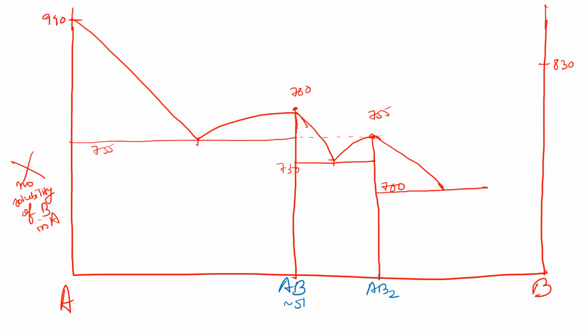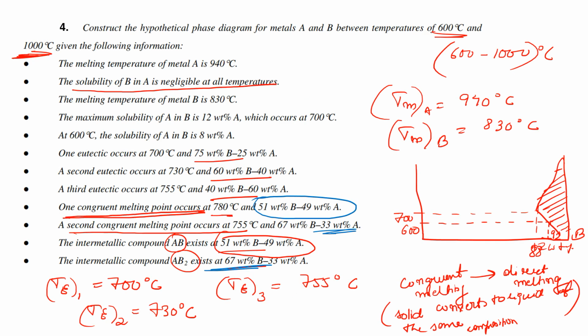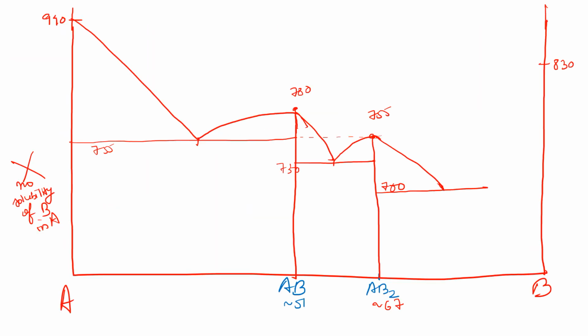This is 7%. What else? We have been told the maximum solubility of A in B is 12.8%. We know that this melting point is here, and the maximum solubility is 12.8% of A, that is 88.8% of B. By the way, this starts with 600 degrees.